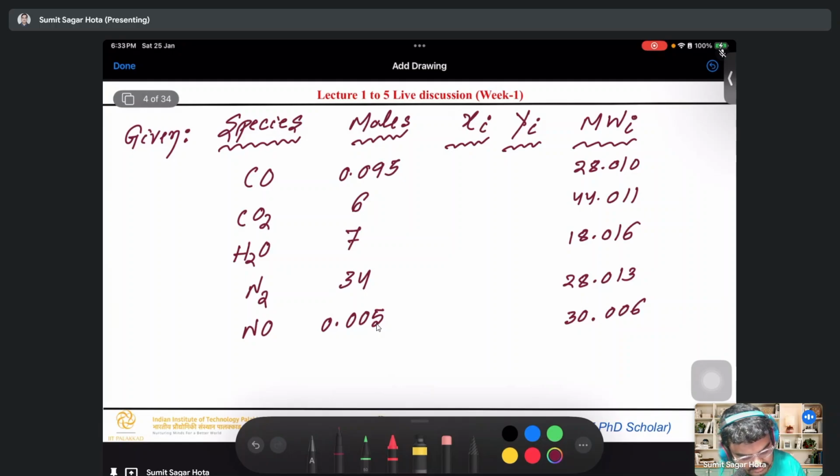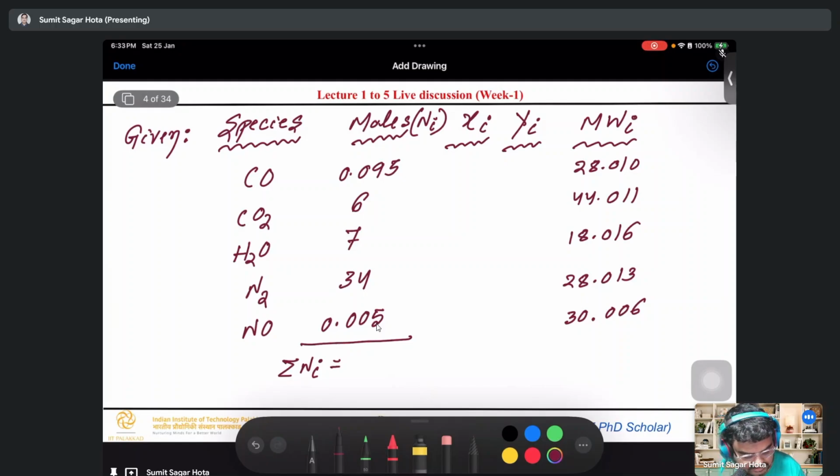So first of all, you need to know how you will represent moles. Let it be Ni. First of all, we sum the total number of moles.